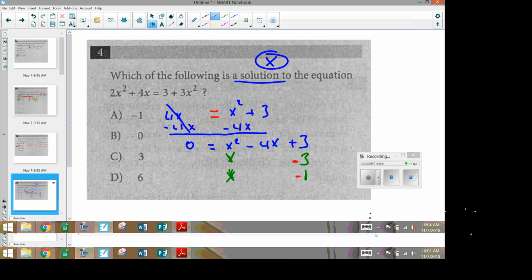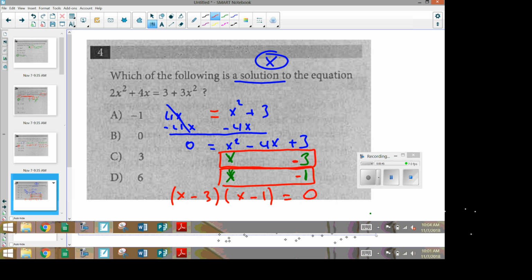And -3 times -1 gives me +3, that is right. When it's right, we write straight across, and these are going to be factors. Like this: x minus 3, straight across, x minus 1 is equal to 0.